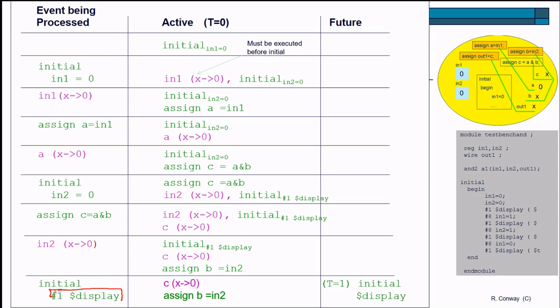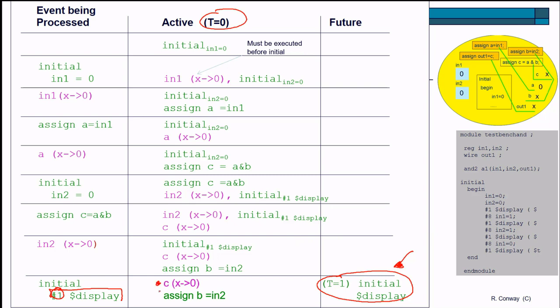But note, it cannot occur until after a delay of 1 time unit. So our current time is t is equal to 0. And if we wait 1 from that, that means this will be scheduled in the future event queue at time t is equal to 1. So the initial moves to the future event queue. We insert an event into the future event queue, and we're left with these two.